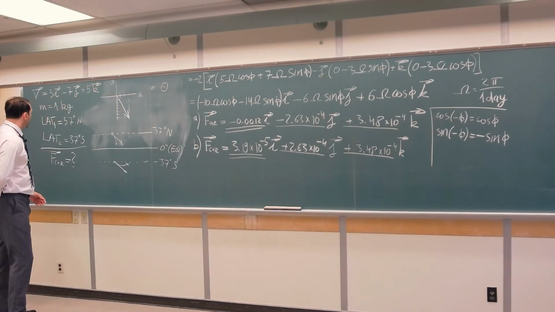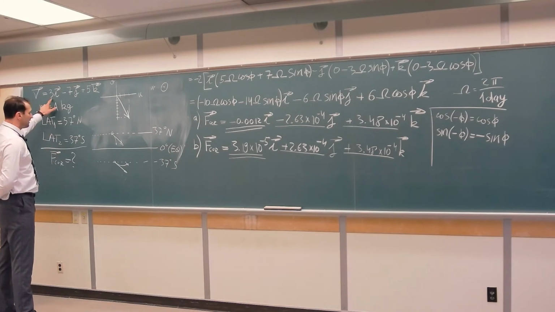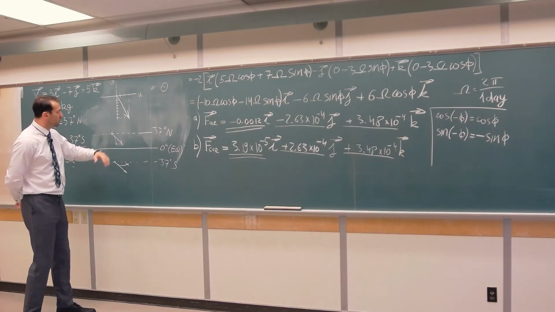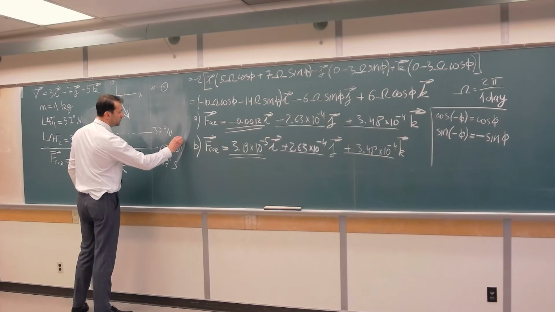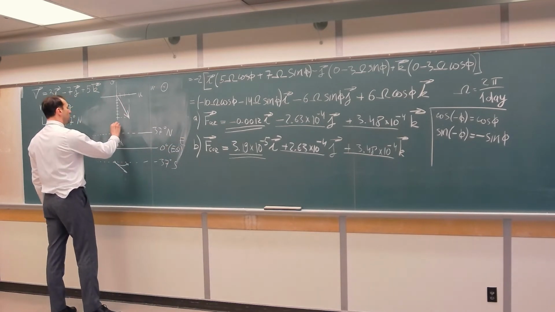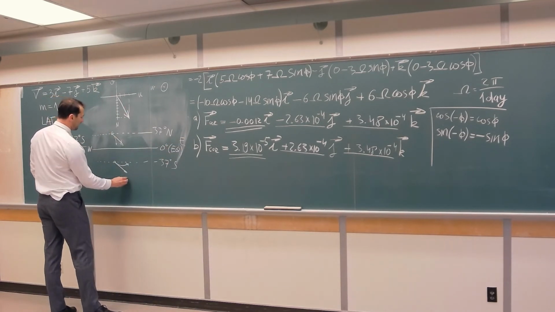Now, also notice that the wind in the zonal direction in both cases is towards the east. So here would be west, of course, here would be east, here would be north, and here would be south.